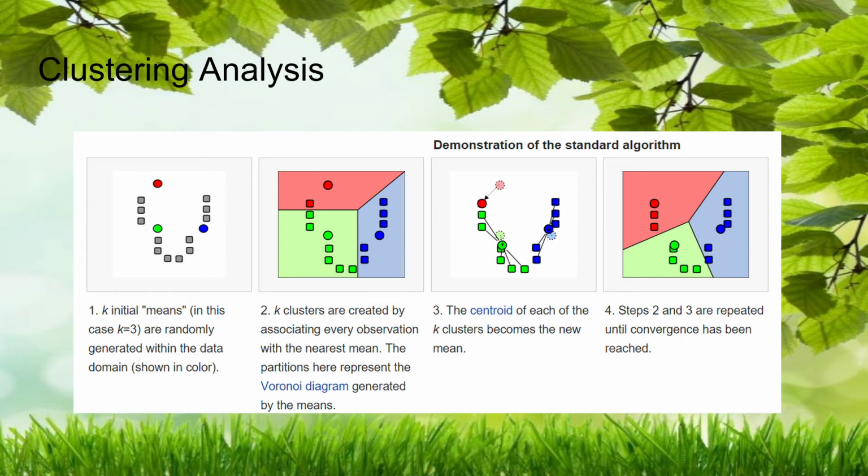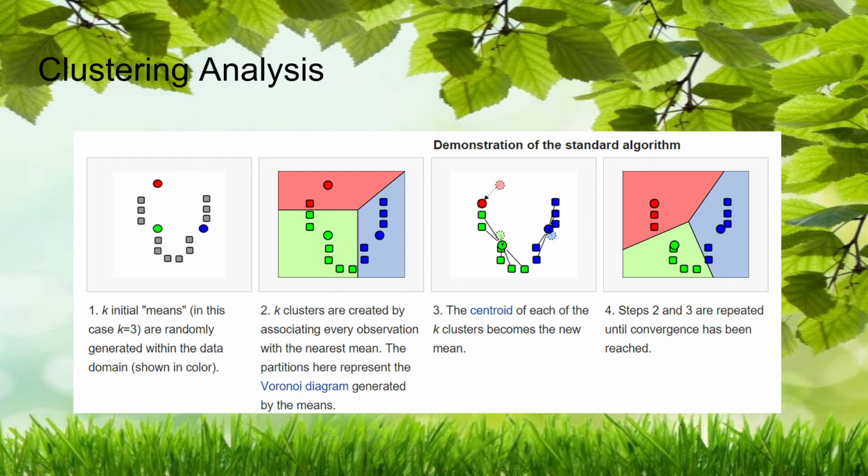And let's see it in the picture. The first step: k initial means are randomly generated within the data domain, shown in color. In this example, k equals 3. The second step: k clusters are created by associating every observation with the nearest mean.